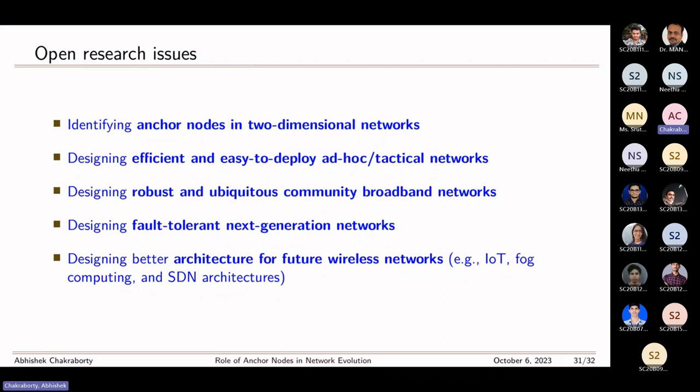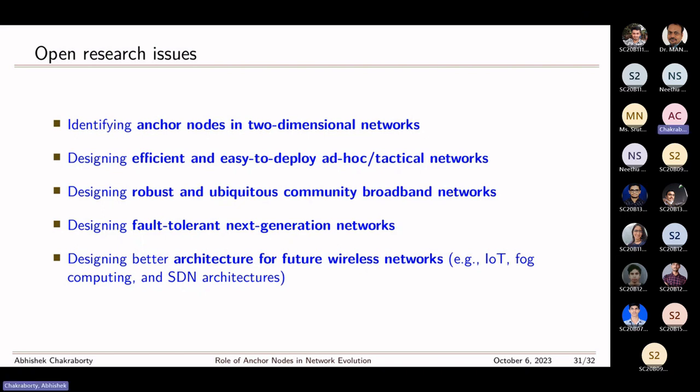Another is how to add links in ad hoc or tactical networks, because when wireless scenarios come into the picture, we need to assume many more things, not only link addition. When we mentioned unconstrained LL, there will be constrained LL because of the limitation of the wireless environment. That will be very interesting.